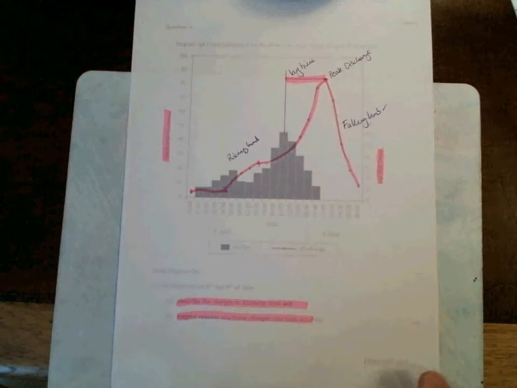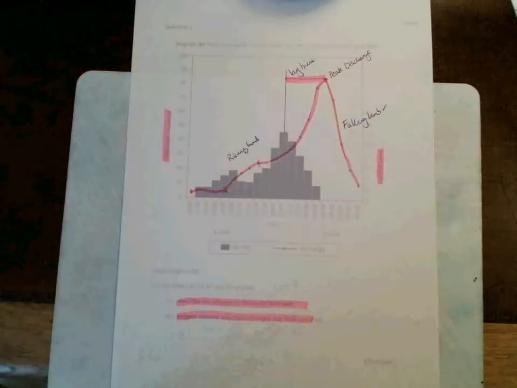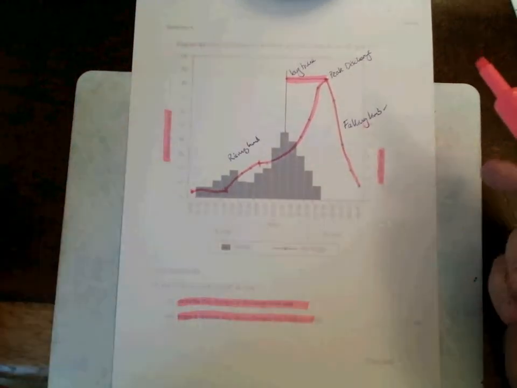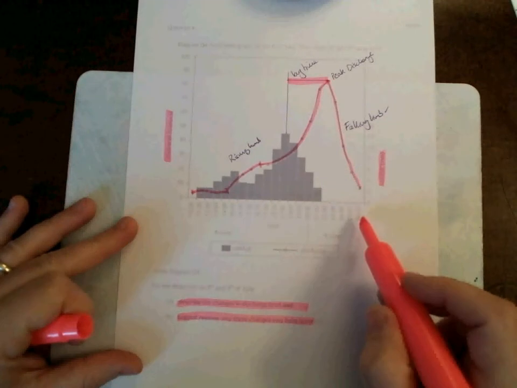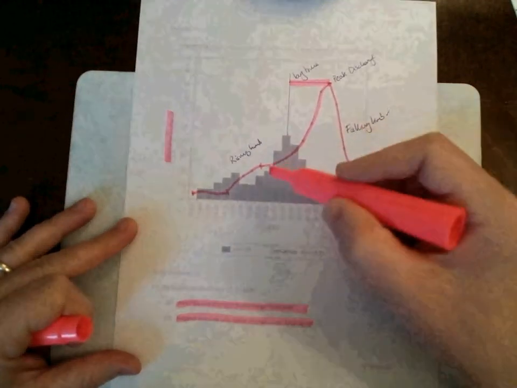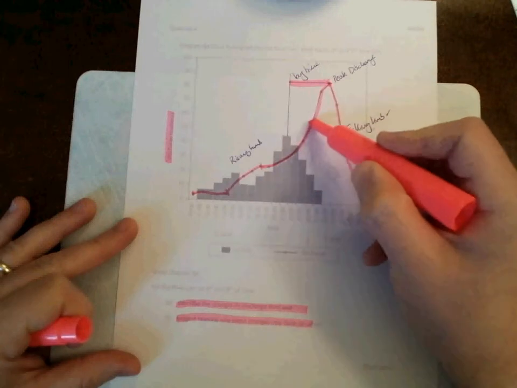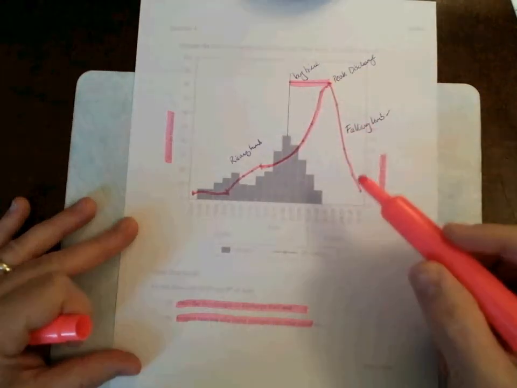Okay, just looking very briefly at this graph. You can see in the graph that there are periods of time along the bottom of the graph, remember, where the river is filling up very quickly. I discussed that in the first video. And some areas where it is filling up more slowly.